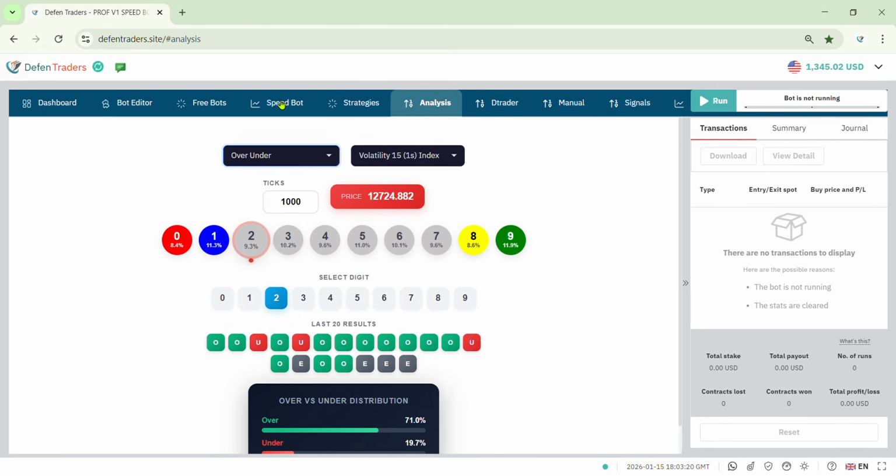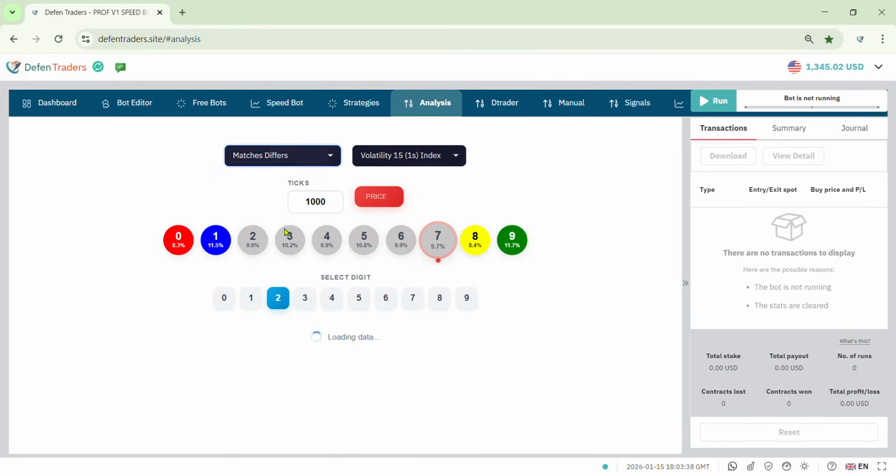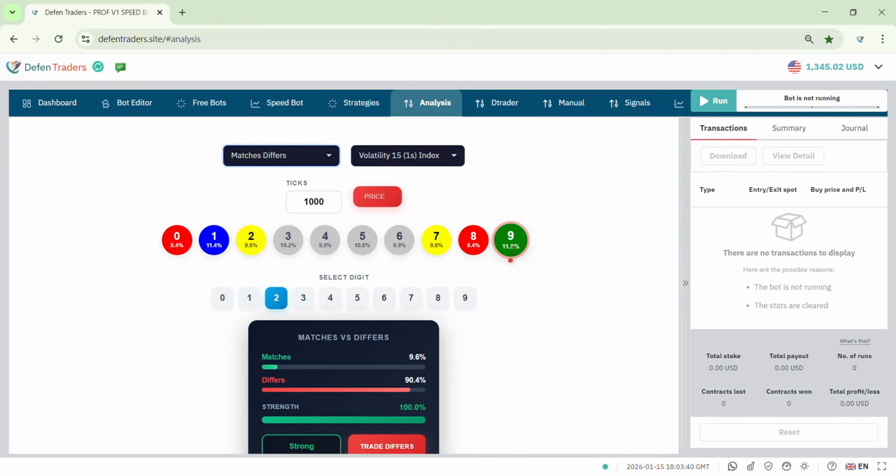Now I need us first to agree on something: these circles that you can see here, this is over under, and the green bar digit is 9. If you go to even odd, the green bar digit is 9, and if you go to differs matches, the green bar digit still is 9.